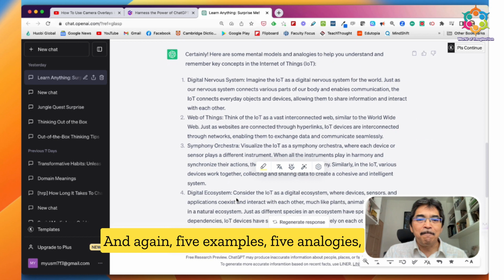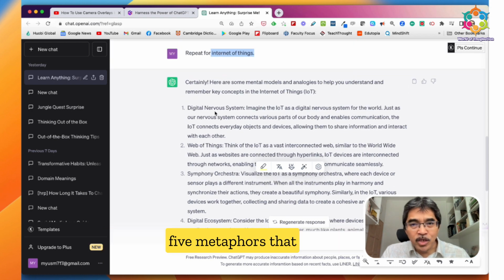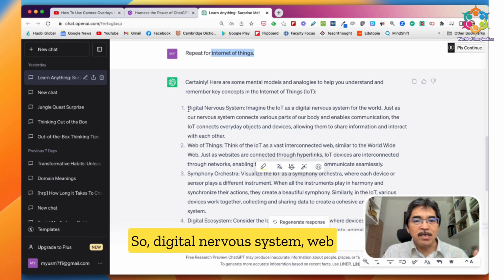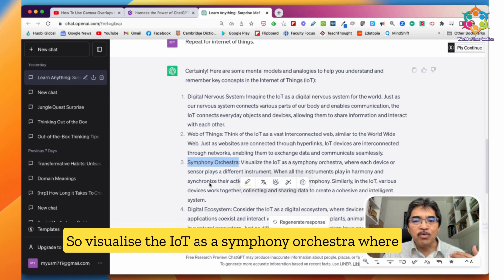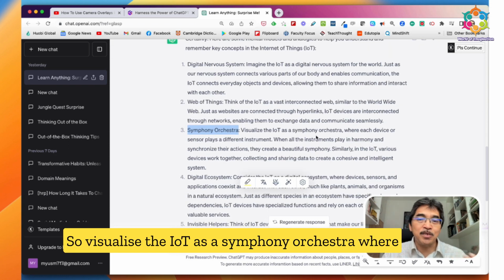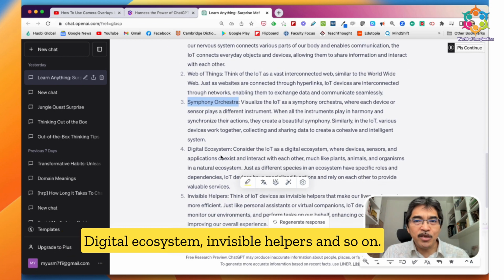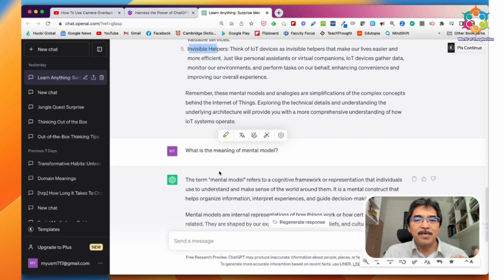And again, five examples, five analogies, five metaphors that ChatGPT gives us to understand IoT. So digital nervous system, web of things, symphony orchestra. Visualize the IoT as a symphony orchestra where each device or sensor plays a different instrument. Digital ecosystem, invisible helpers, and so on.